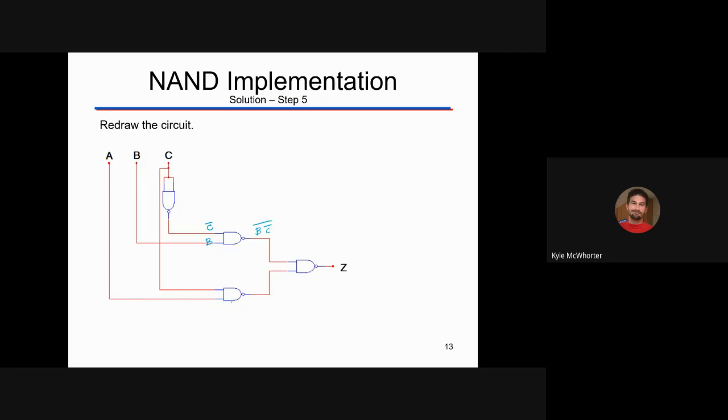So then let's look at this NAND gate down here. We got C going in and A going in. So the AND part puts them together, A and C. The bubble part puts the inverter over both of them.